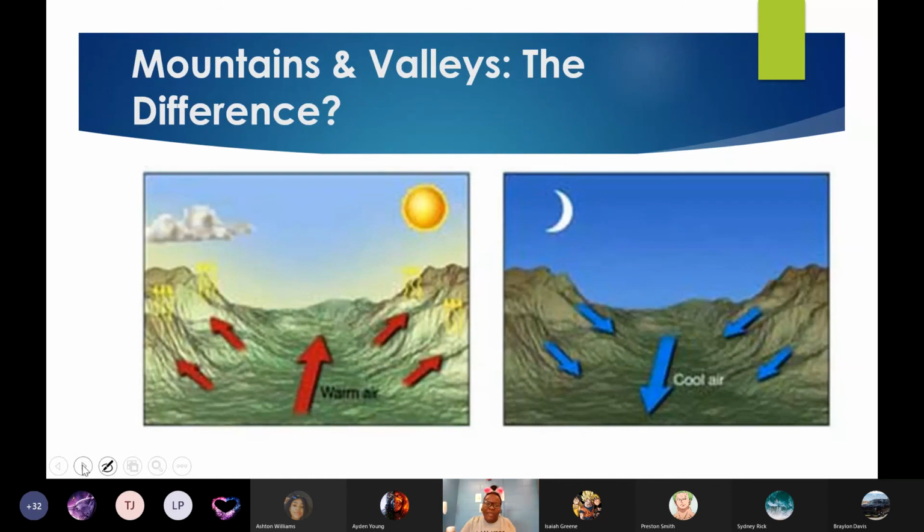We see here with a valley, things are much different. You'll be drawing these pictures in your notes today through Schoology, not in our live session, okay? And so what we want to see here is that during the day, heat's rising from that valley. The valley is giving some of its hot air to those cold mountains on either side of it.